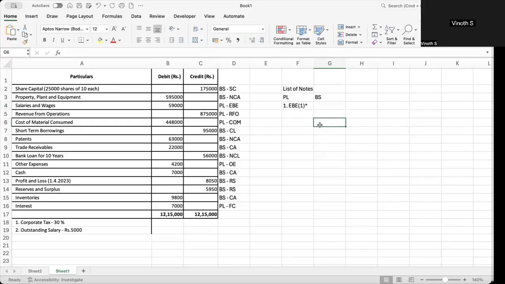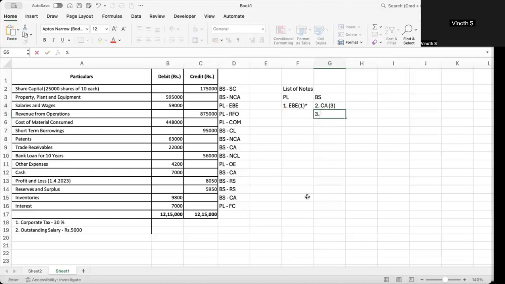I need to take another item from the adjustment. Regarding the balance sheet, current asset, how many items are appearing? Trade receivable, cash, inventory. Three items, so that note is important. My note number 2 in the balance sheet is current asset. Three items will come, no adjustment.